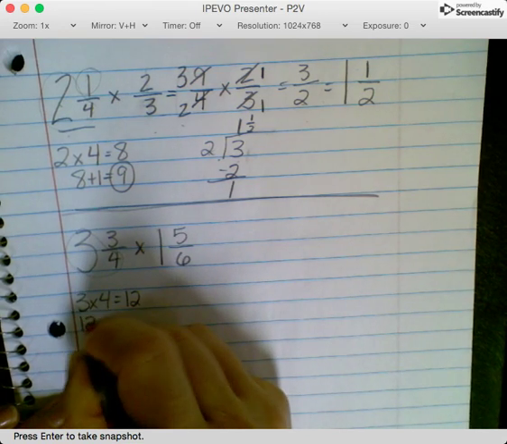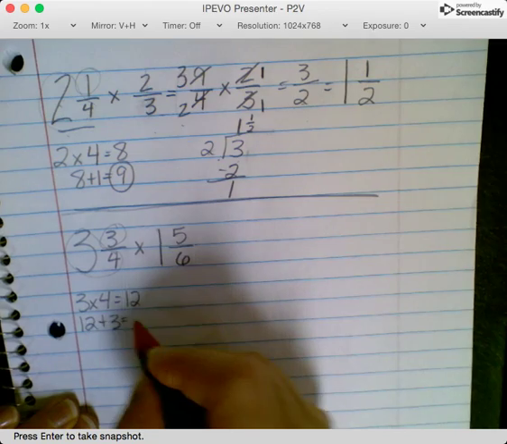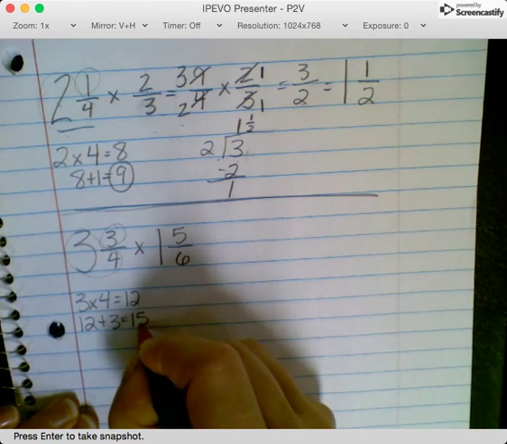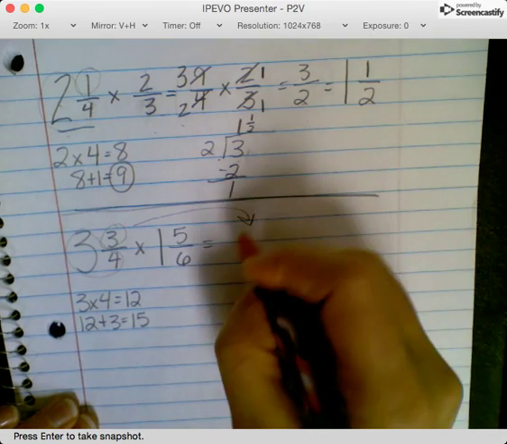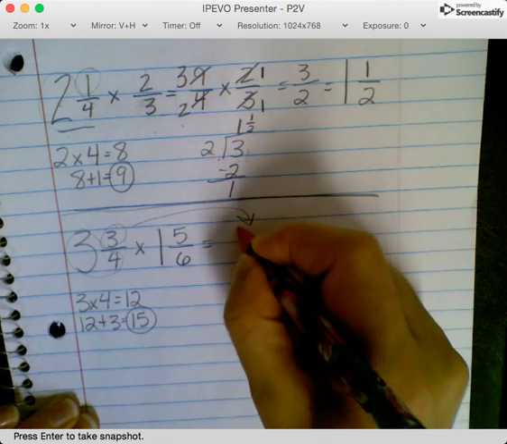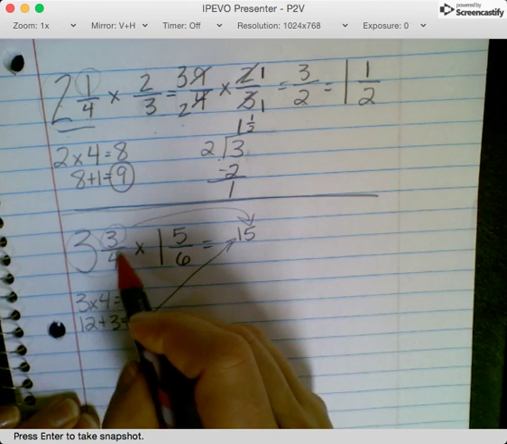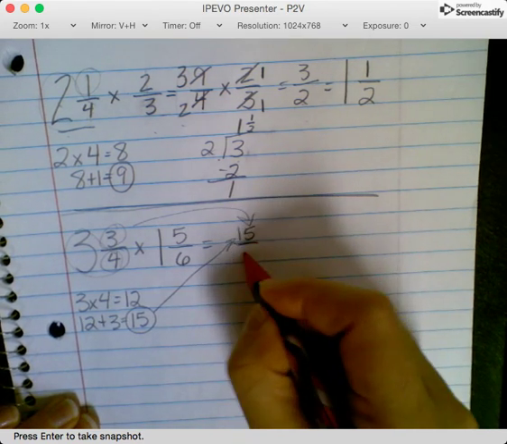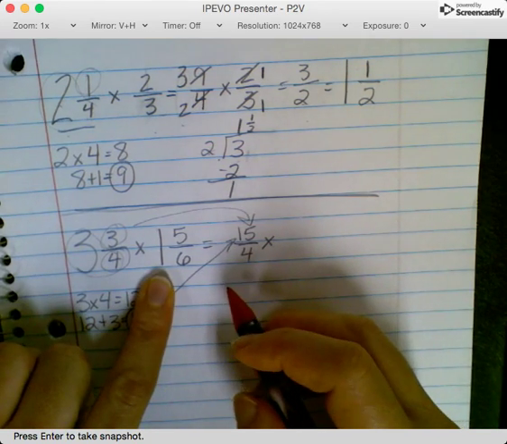And then I take that answer and I add my numerator, which is 3. So 12 plus 3 is 15. That gives me my new number. So 15 is my whole number on top, right? And then my 4 bottom number stays the same. Now I'm going to change my other number.